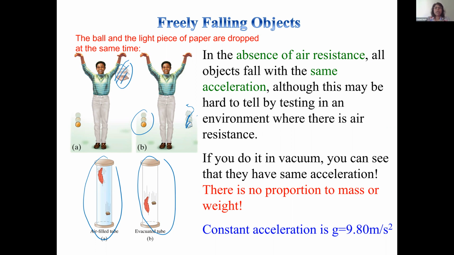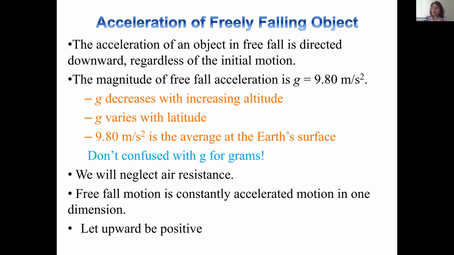Okay, so now a little bit about this acceleration. As I mentioned, this acceleration value g is 9.80. It is a number. There is no direction in that number. But when you talk about direction using acceleration, it should have a direction. Because of that, this number is a negative value. With altitude, your g is decreasing.